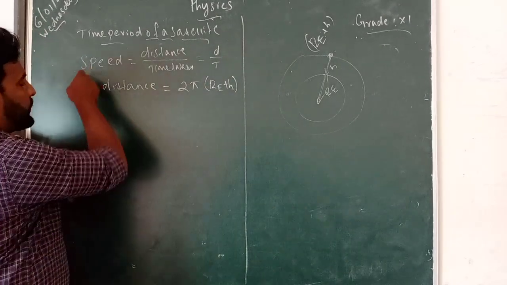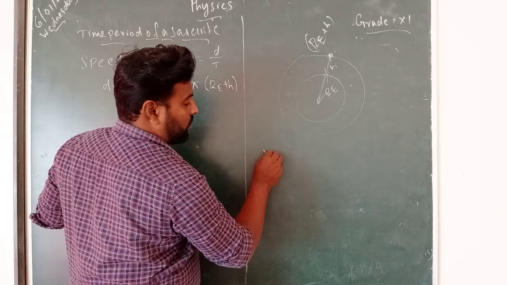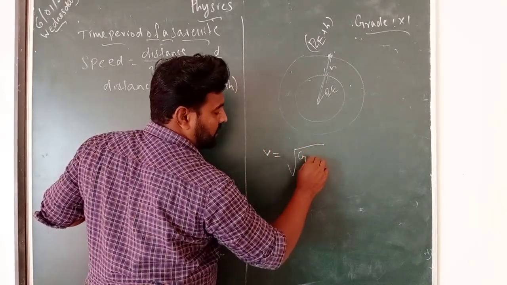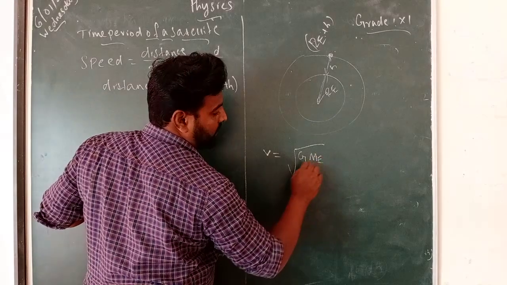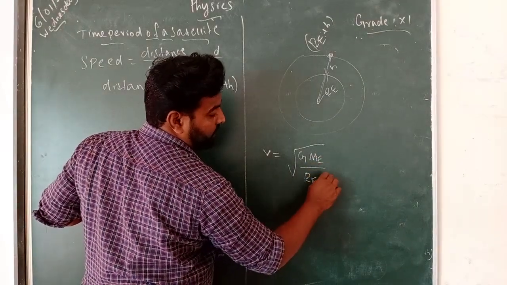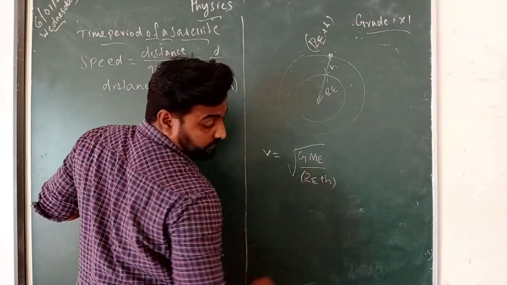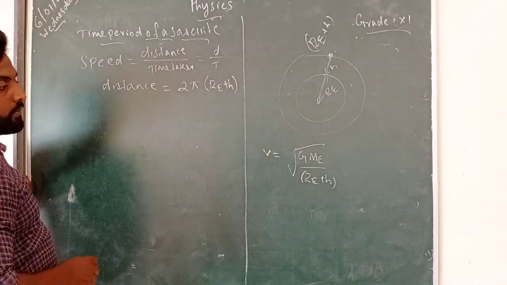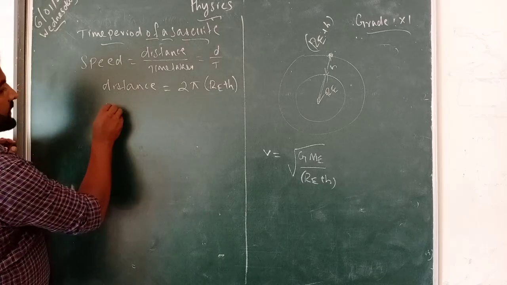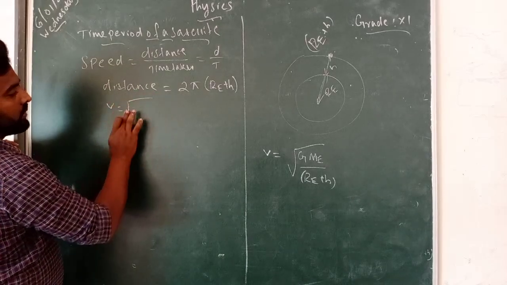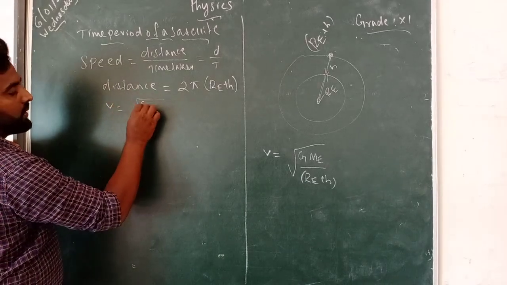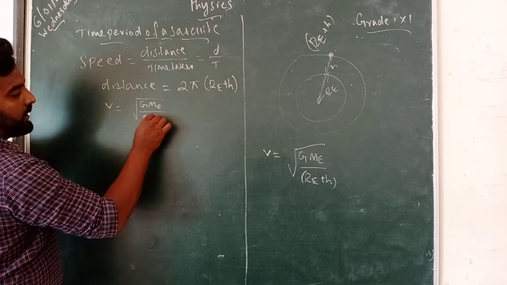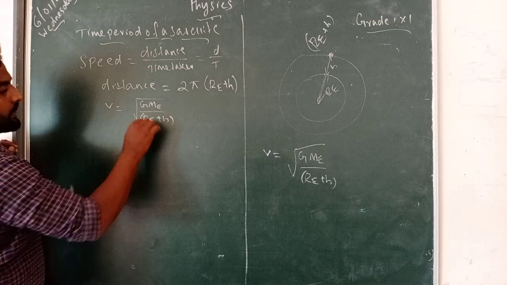Now, yesterday we also found a formula for speed. Orbital speed V is equal to root of G M E by R E plus H. This is the orbital speed formula we found yesterday.